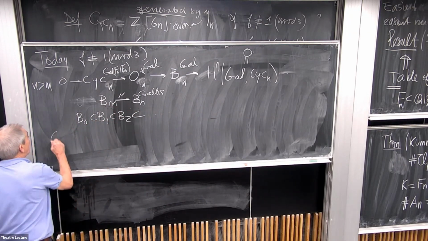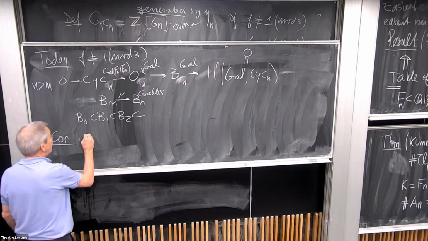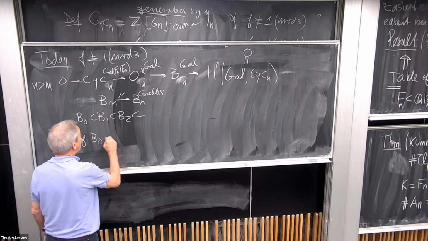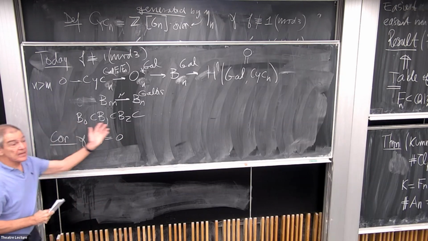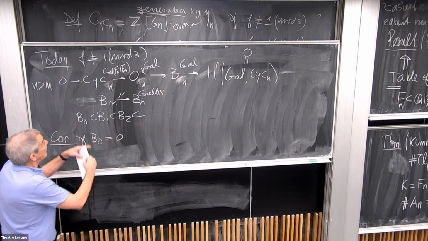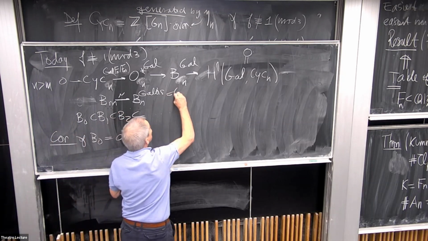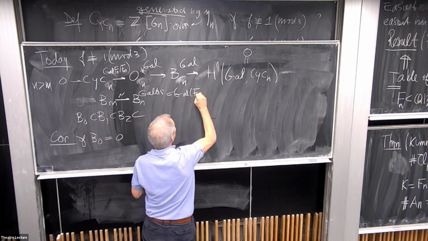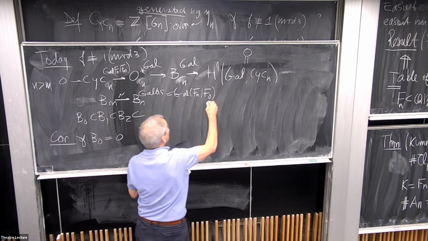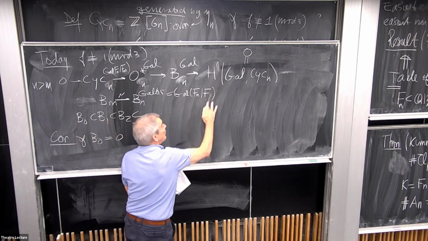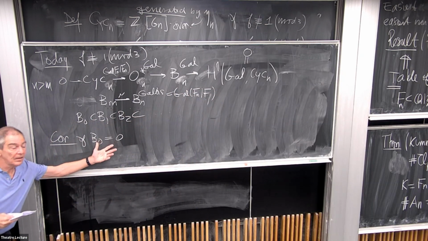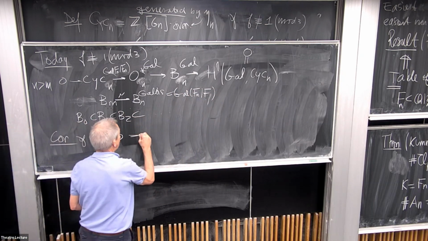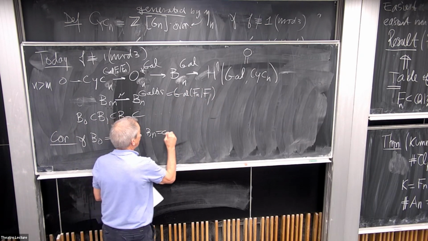So for instance, one corollary of this statement is that if B0 is 0, then everything is 0, because the Galois group is a p-group, and a p-group acting on a p-group must have fixed points. So if there are no fixed points, then everything is 0. So then Bn is 0 for all n.